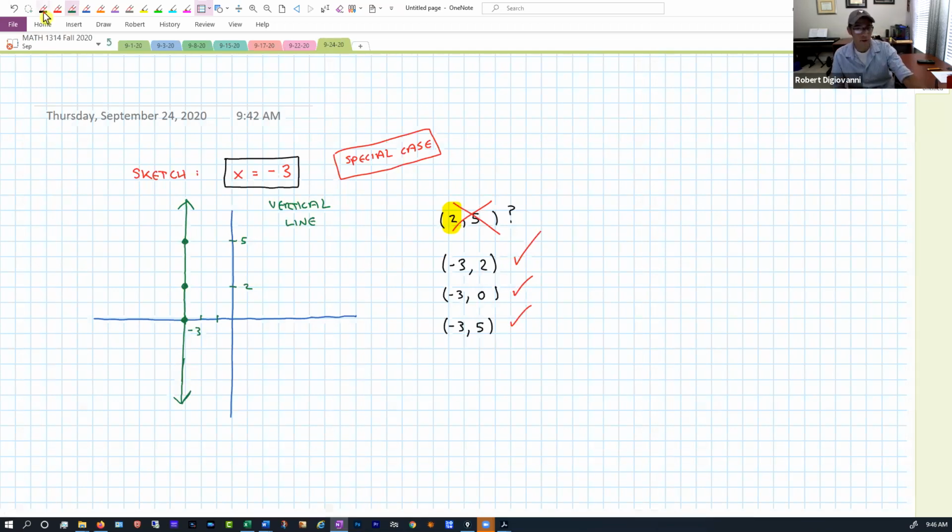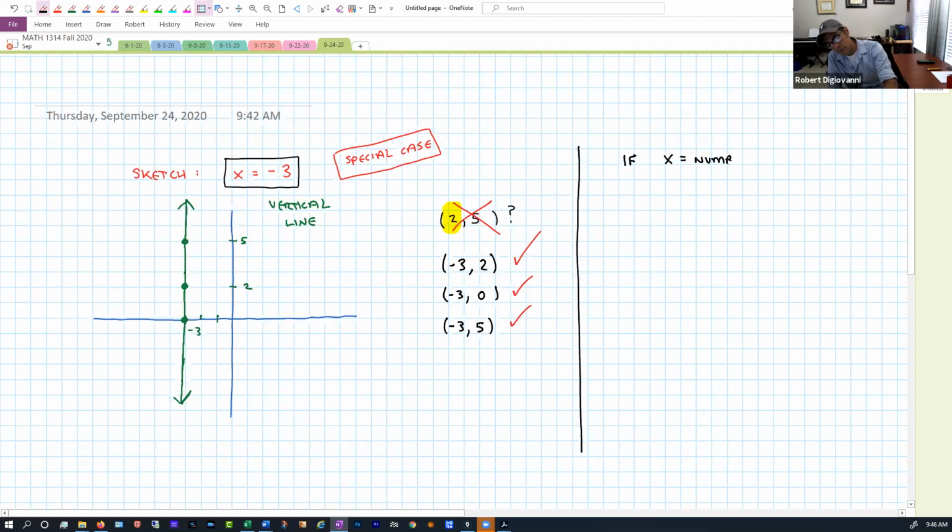So here's the takeaway from this. I'm going to do this on the side. If you ever see x is equal to a number, then it is a vertical line through x.